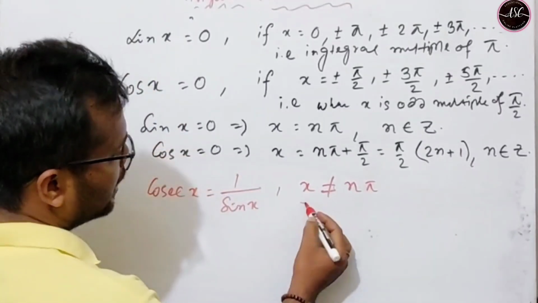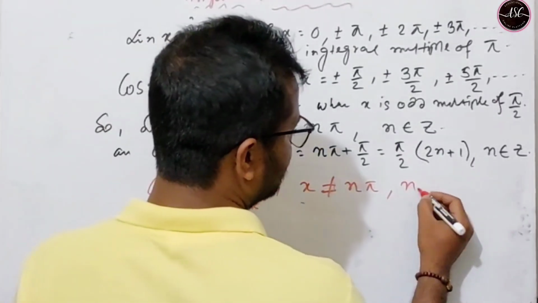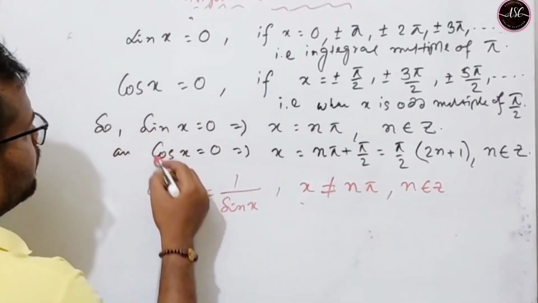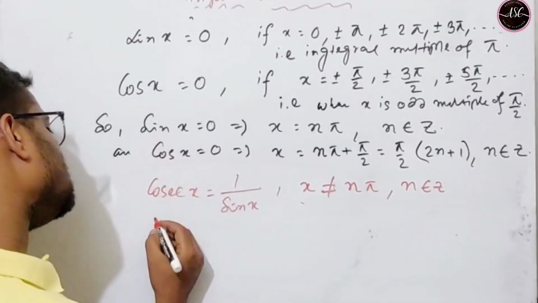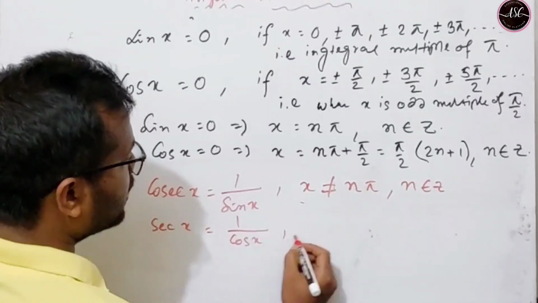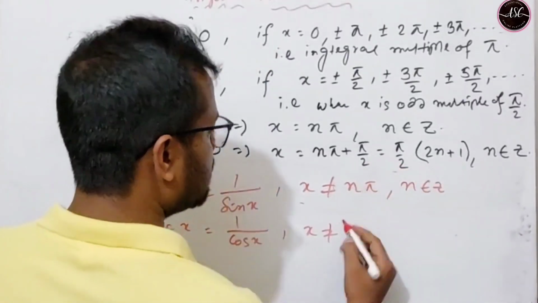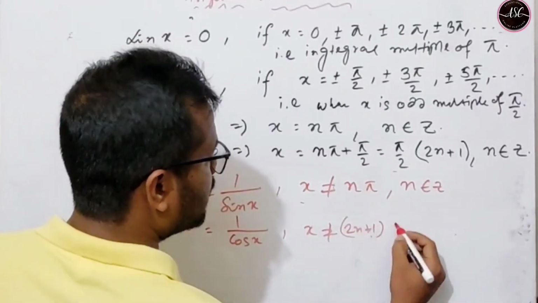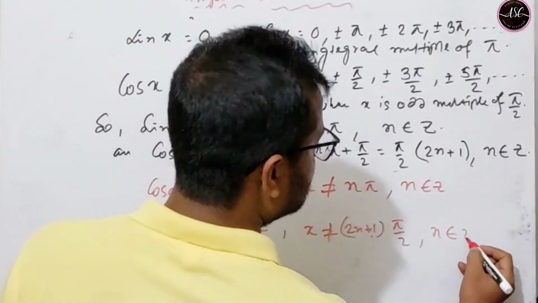So here n pi not equal to 0 and n belongs to Z. If we find the reciprocal of cos x, that means sec x equal to 1 by cos x, when x is not equal to 2n plus 1 into pi by 2, when n belongs to Z.